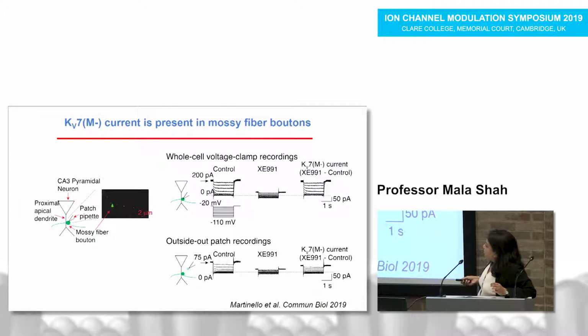This is an example of an outside-out patch recording that we did. You can see there is still a considerable amount of current, about 75 picoamps or so. We applied the same protocol as above. You can get the deactivation, you can get inhibition of the current with XE991, and this is the subtracted current.